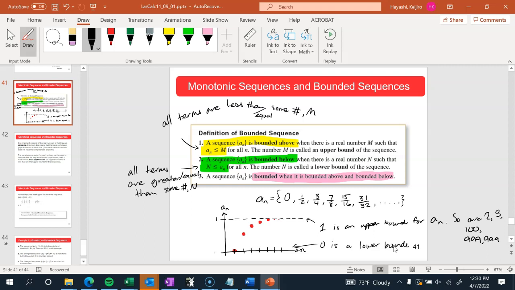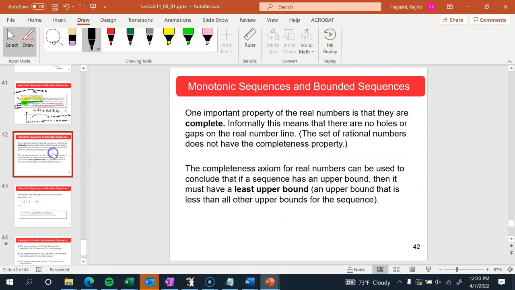If that seems like a lot of upper and lower bounds to be having, you'd be correct. That's why usually there's only one particular upper bound or one particular lower bound under consideration, and those are called the least upper bound or the greatest lower bound, but that gets talked about a little less.